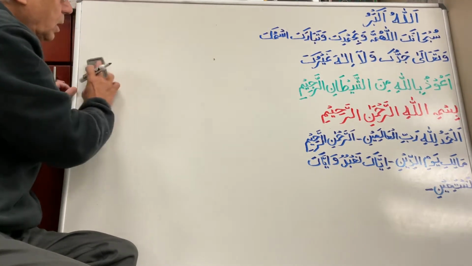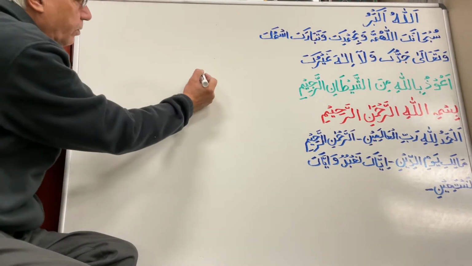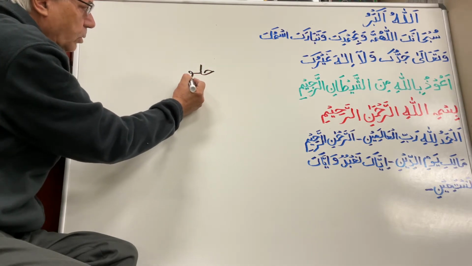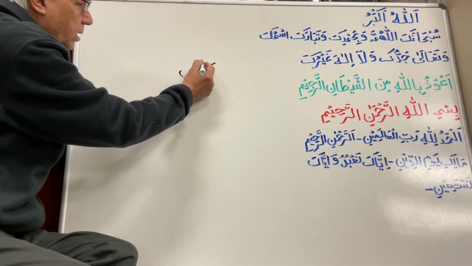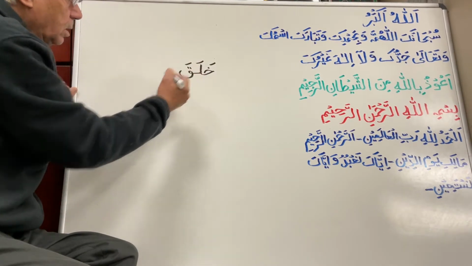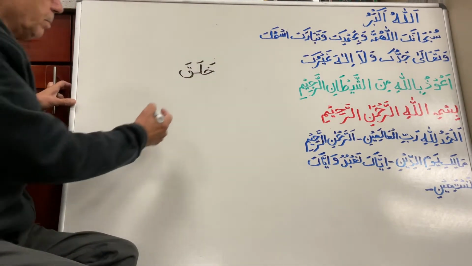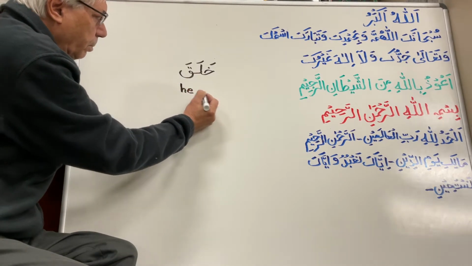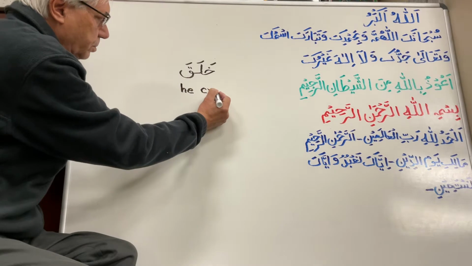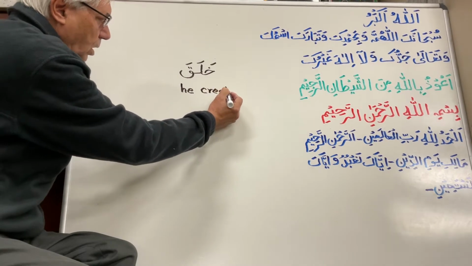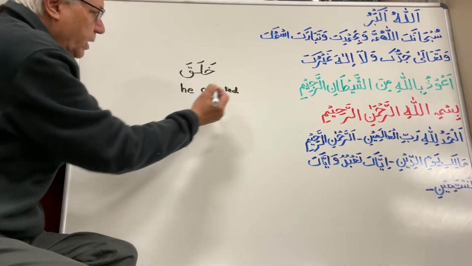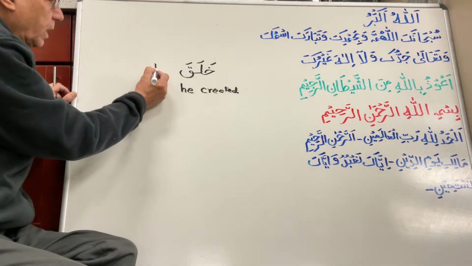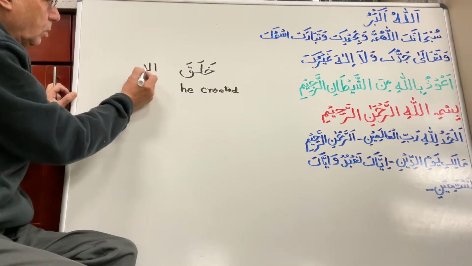Then one more thing I want to point out: if we have a verbal statement, and for a verb I usually use these three letters, khalaqa, when we put three zabar on them, the meaning becomes he, third person, past tense, created. Now, if there is someone who is being created, the full word for that is al-insanu.